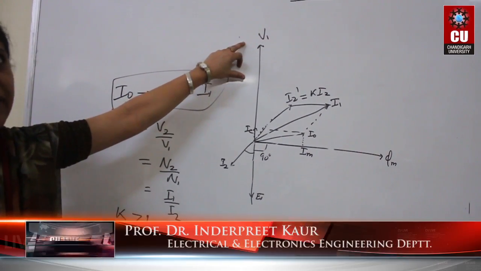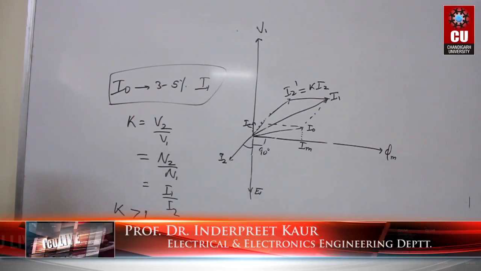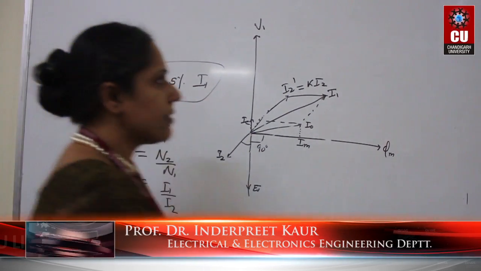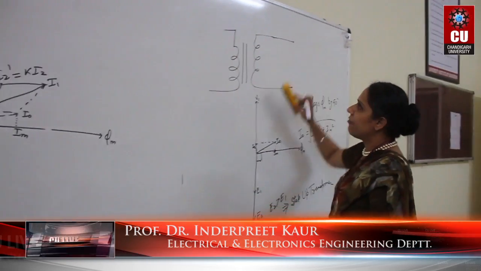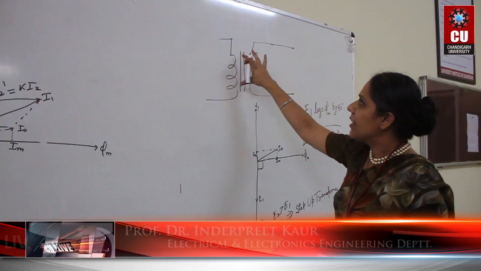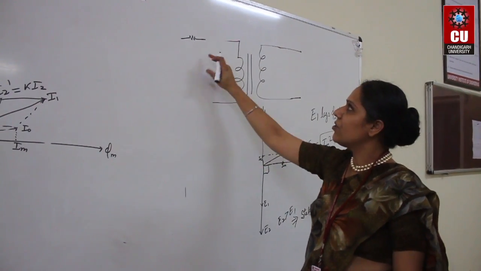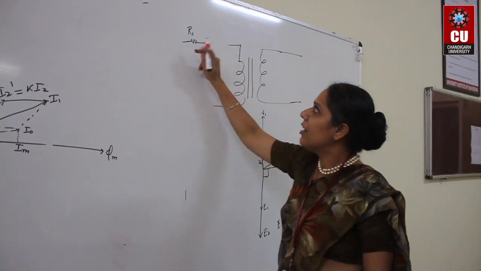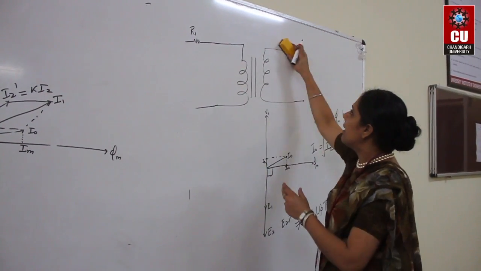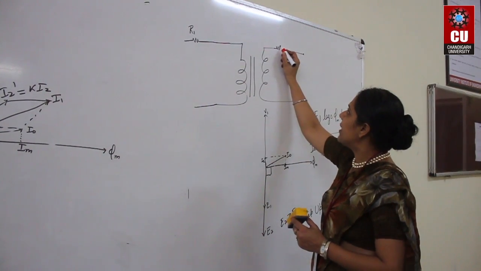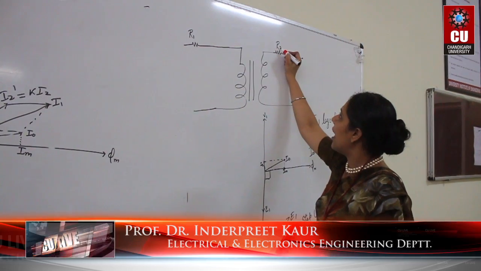But practically, a purely inductive winding is not feasible. So we have some resistance as well, so we add R1 to show that it is a practical winding. Similarly, some resistance is also present in the coil on the secondary side, so this is R2.